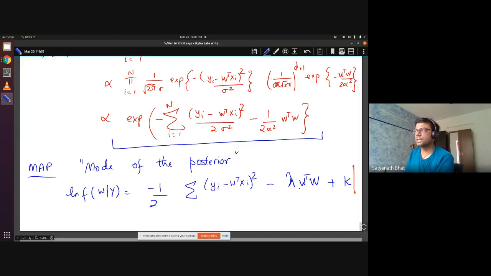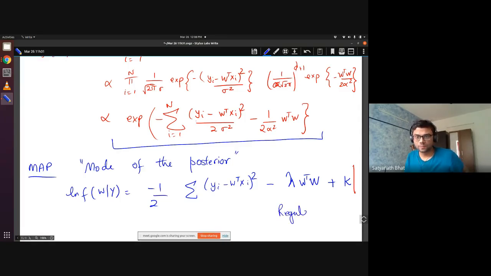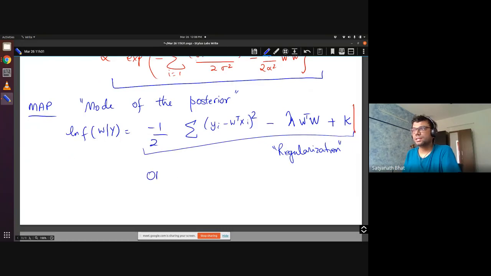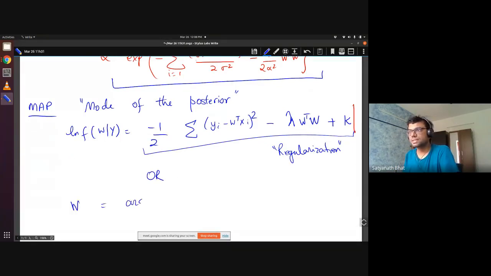The purpose of writing this is so that you can connect to a form that we will see later, which is called regularization. Don't worry what that is, but we would like to make some connections back to regularization. Just convince yourself that it is the same as trying to maximize this.